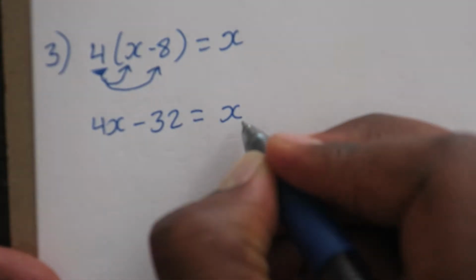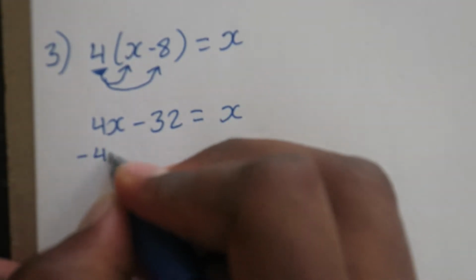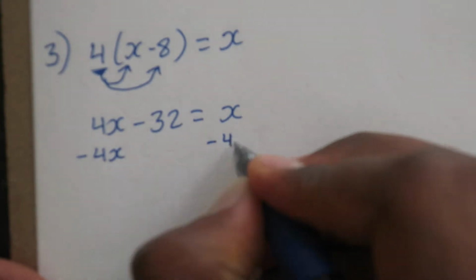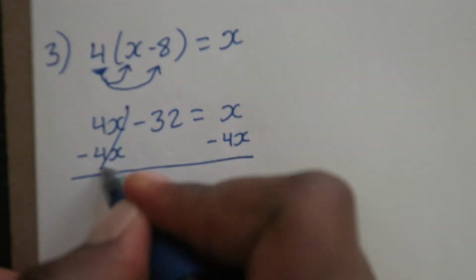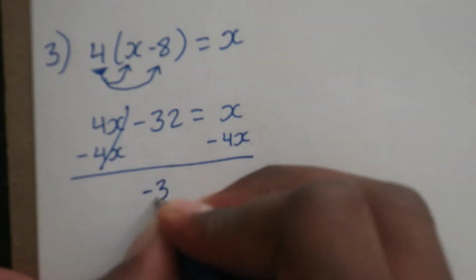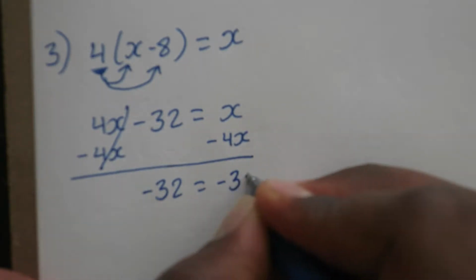Next step, have the x variables on the same side. So that means we're going to take the 4x to the opposite side by doing the inverse operation. Cross this out. -32 equals -3x.